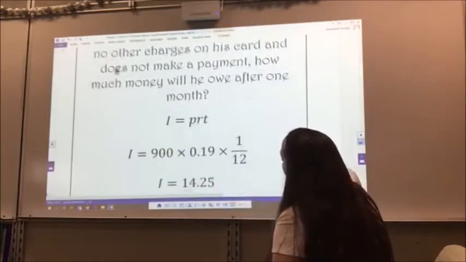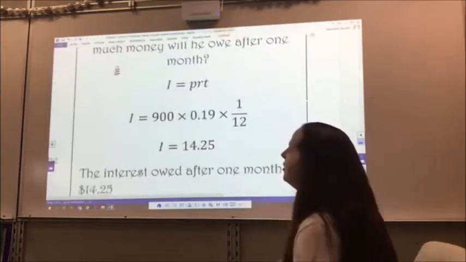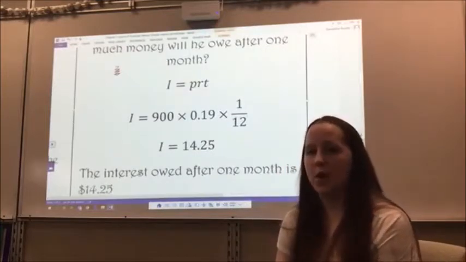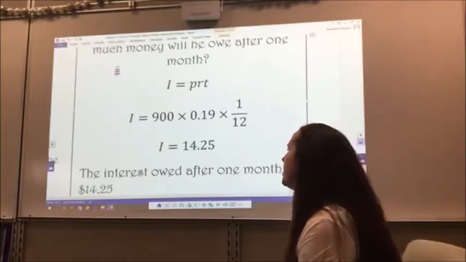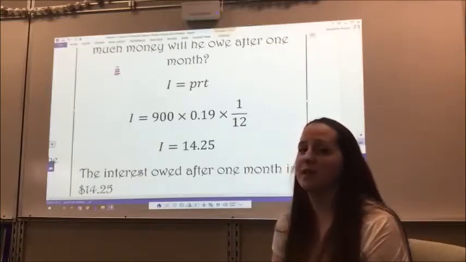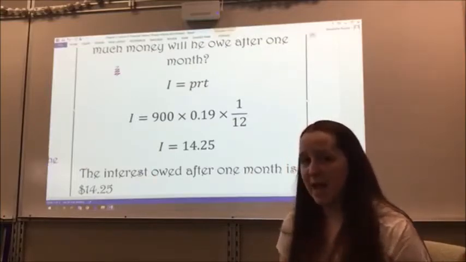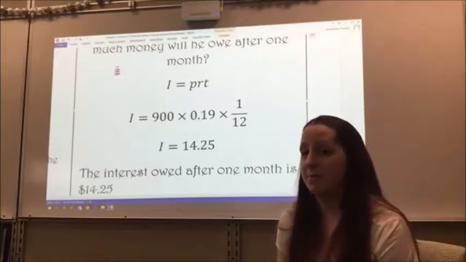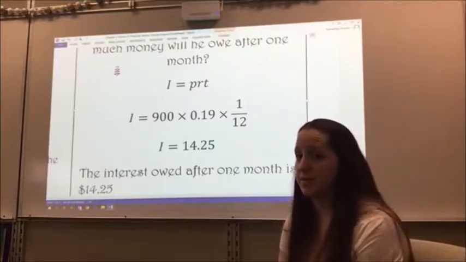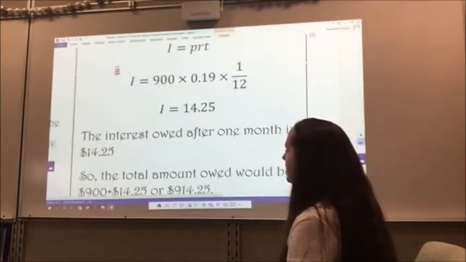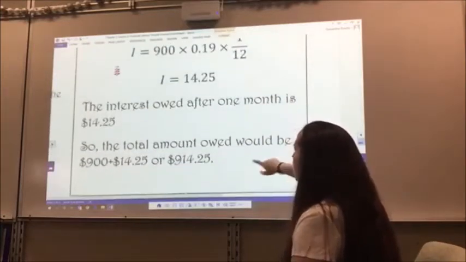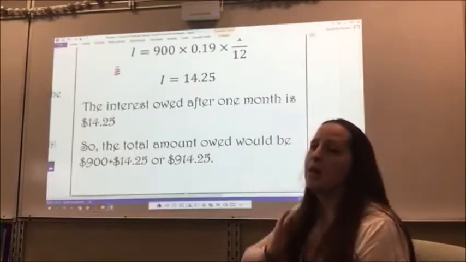Okay, so when we do this, we do 900 times 0.19, remember we changed 19% to a decimal, times 1/12, which gives us $14.25. So if he doesn't make any payments on it, the interest after a month will be $14.25. So he'll pay the $900 plus the $14.25. So the total amount he owes would be $914.25.